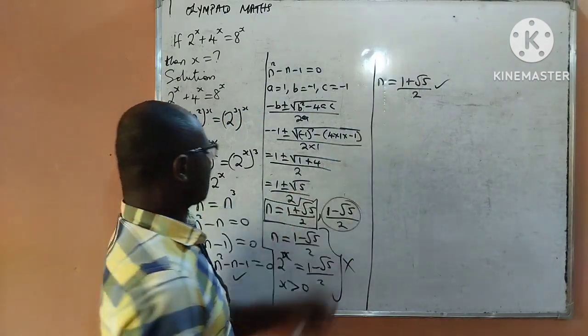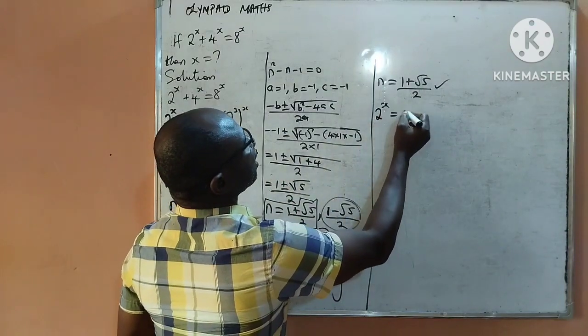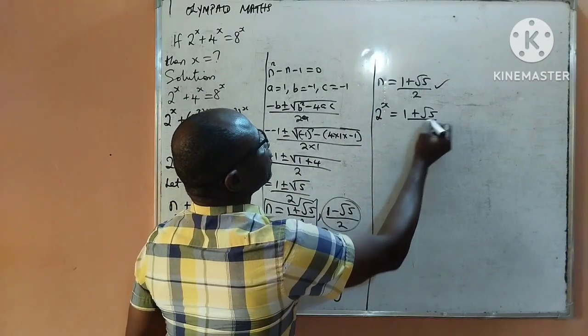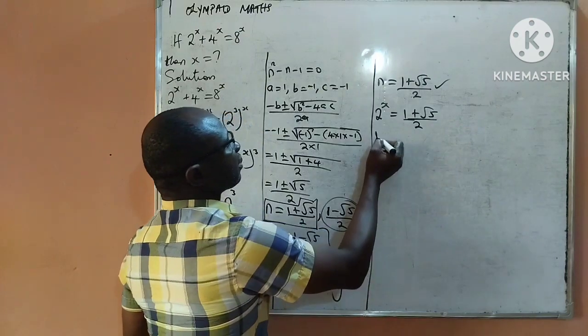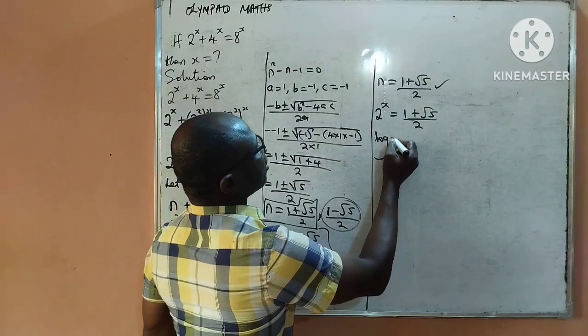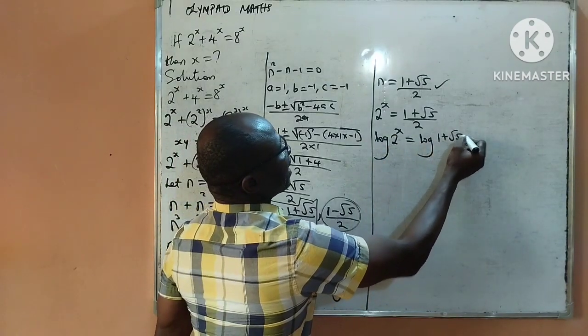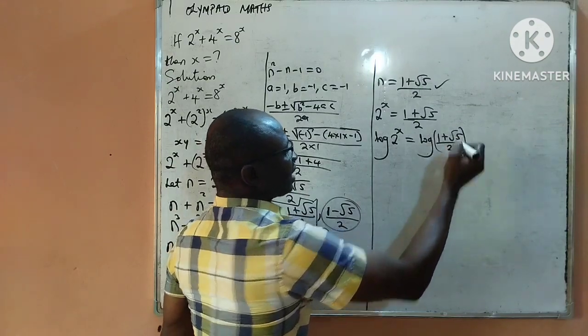Now, replacing the value of n, which is 2 raised to the power x, equal to 1 plus root 5 all over 2. Taking logarithm to both sides in order to get the value of x, that will now be log 2 raised to the power x is equal to log of 1 plus root 5 all over 2 altogether.